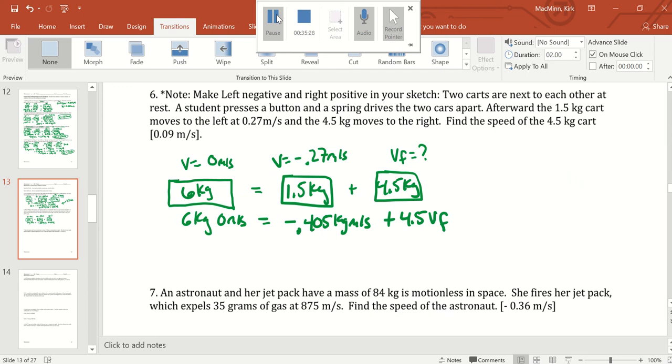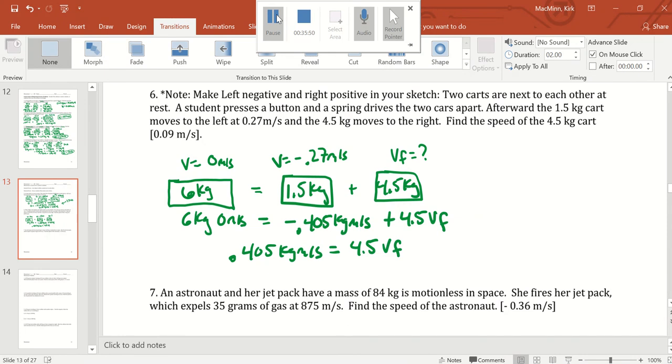So I'm going to move the negative 0.405 over, so I'll get positive 0.405 kilogram meters per second is equal to 4.5 times final velocity.